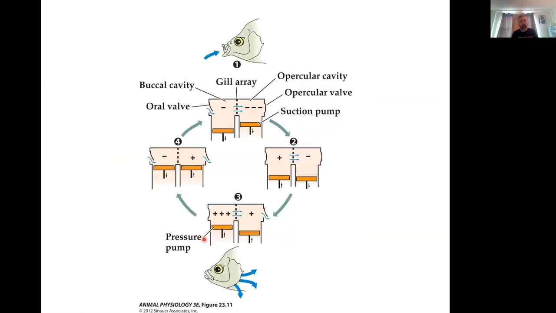The means of pumping in here is what we call a pressure pump, wherein they create negative pressure and then positive pressure and then negative pressure and positive pressure to suck and then push and suck and then push. So the way this works, right, is we're going to start, so here's a simplified version of it, our buccal cavity and our opercular cavity behind it.